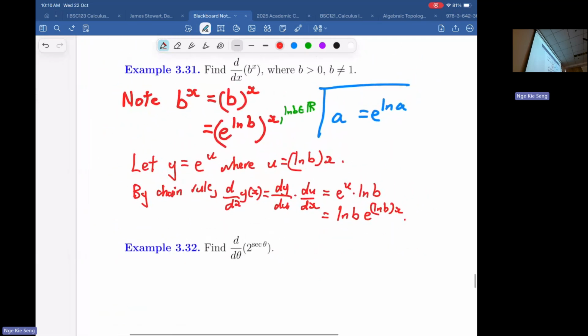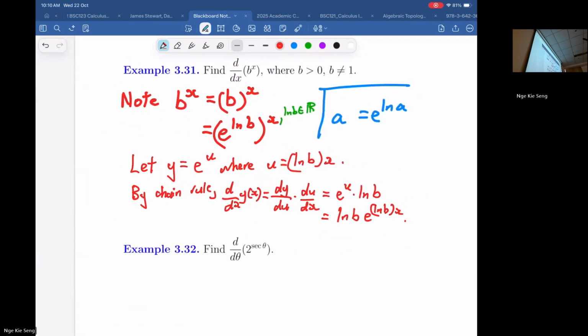So how about applying it? Can you apply 3.31 to this question here, to sec x? You could see the 2 here is the b, greater than 0, not 1. But sec theta is not really a variable, because you have a trigo function there.